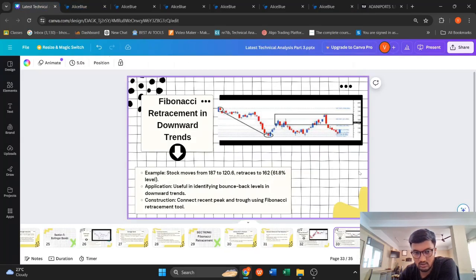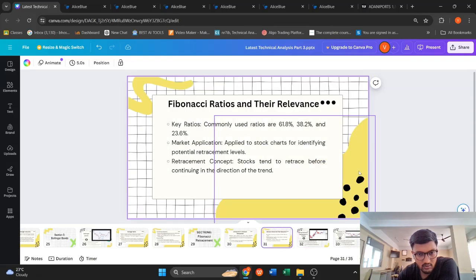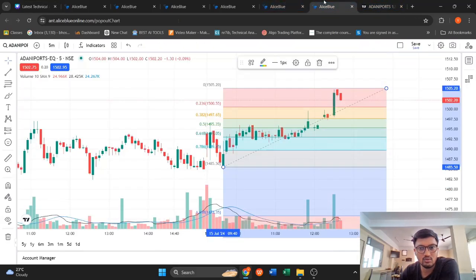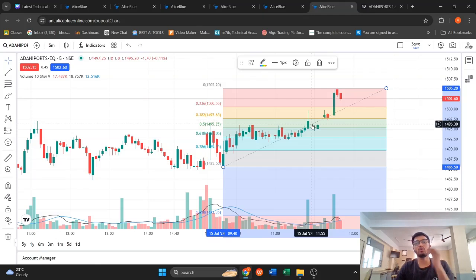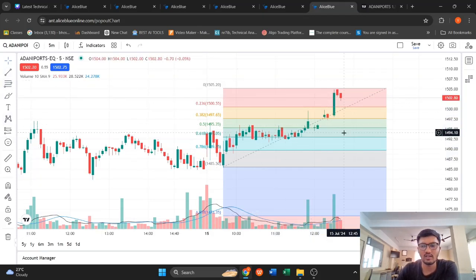I'll just refer, yeah, 38, 61, and 23. So somewhere around here also it can take a support, 23 and 61. So these are the levels of support in an uptrend. So now you know how to use this Fibonacci retracement. You can use it from here in light blue.